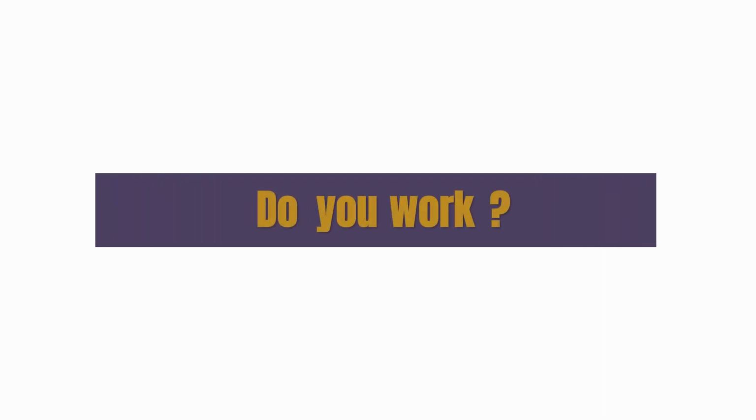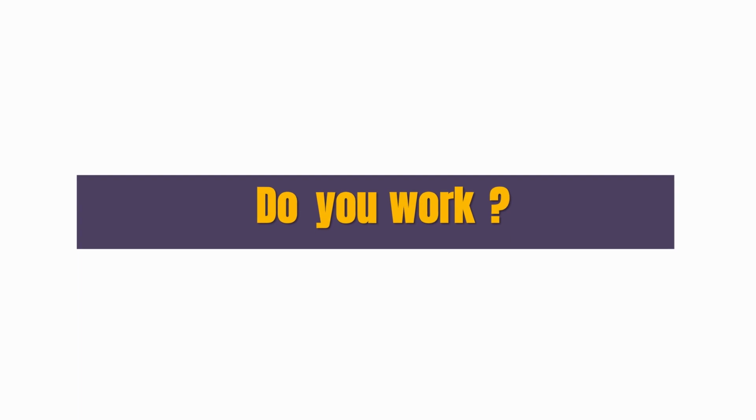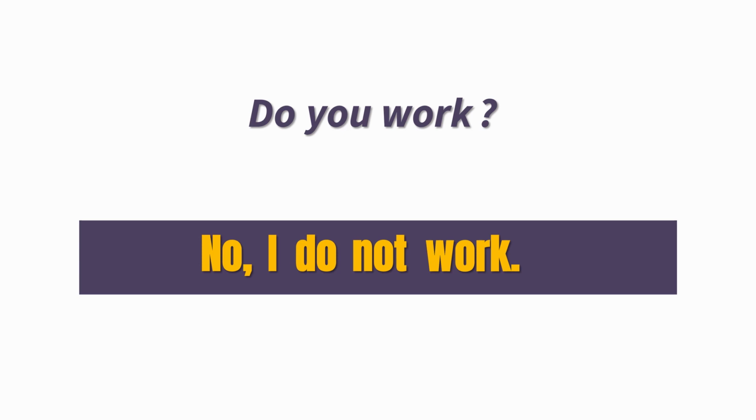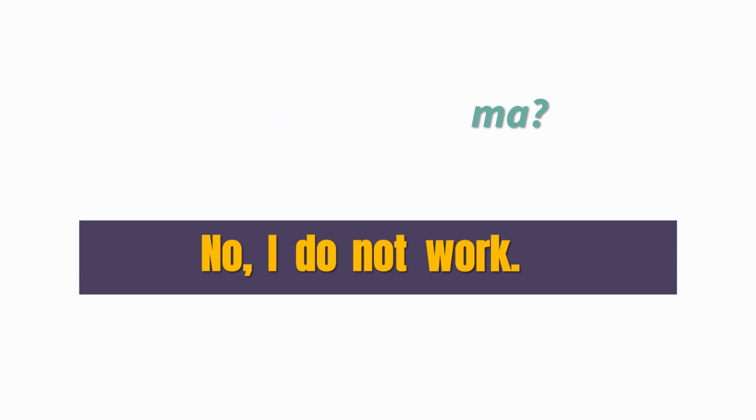If you ask the question, "Do you work?" the negative answer to this question is "No, I don't." And let's take a look in Chinese. You would literally ask, "You work ma?" As you probably know, ma works as a question mark. 你工作吗?